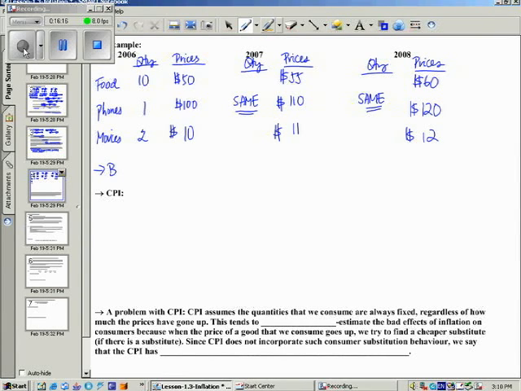And once again, let's suppose the base year, the basis for my comparison, because I actually picked the quantities and the types of products coming from 2006. So 2006 is my base year. I look at my expenditure in the year 2006.